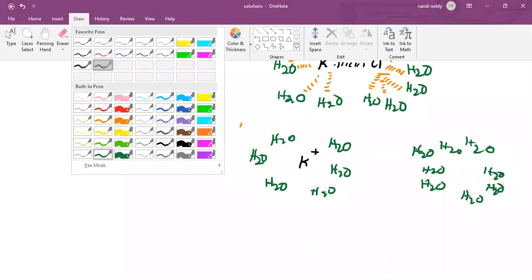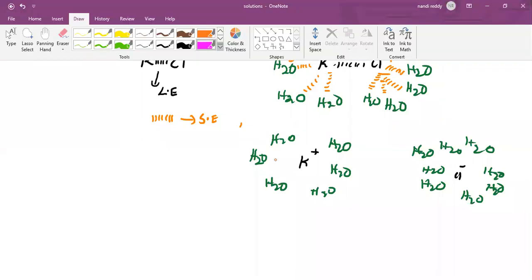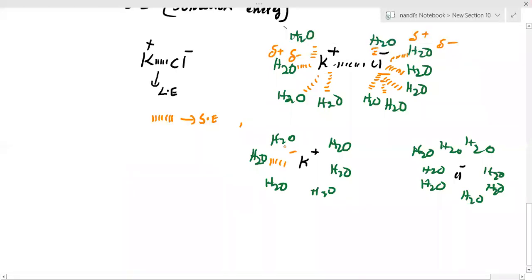Here Cl minus is attracted. I'm closing; it is not easy to maintain all these colors, so I'm going to write randomly in any color. So Cl minus, negative charge, is attracted to water molecules. So it will create some hydration energy, that is the hydration energy of the cation, and this is the hydration energy of the anion.